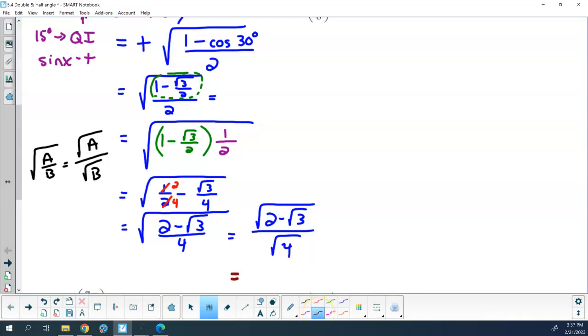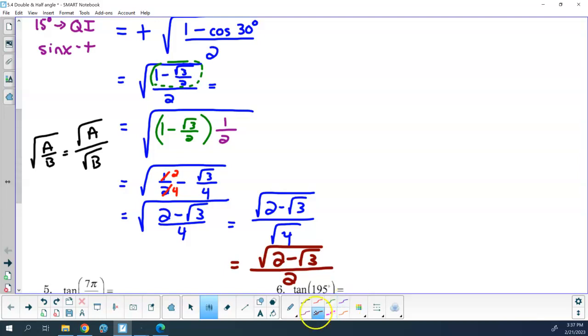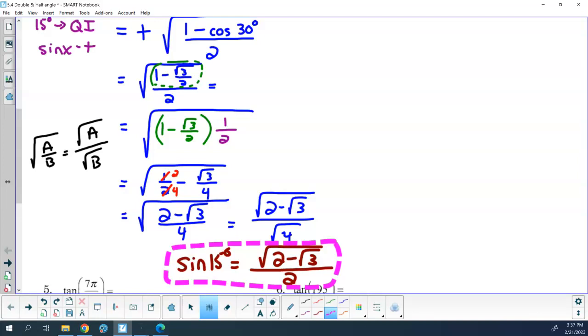So this is the square root of 2 minus the square root of 3, and then outside the fraction is just 2. And that, ladies and gentlemen, is the sine of 15 degrees. When it comes to these, you will have square roots inside square roots.